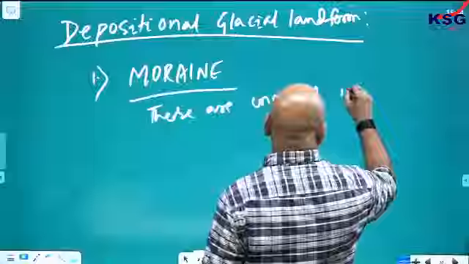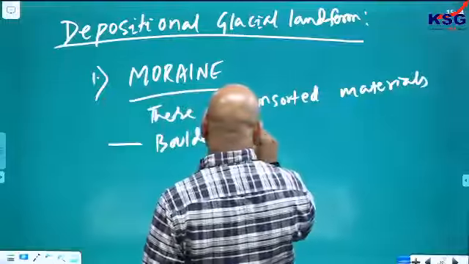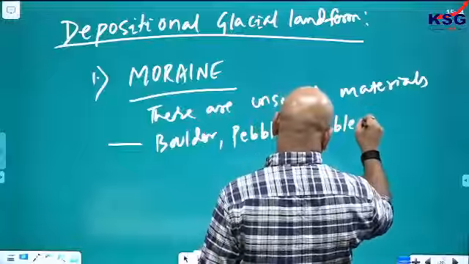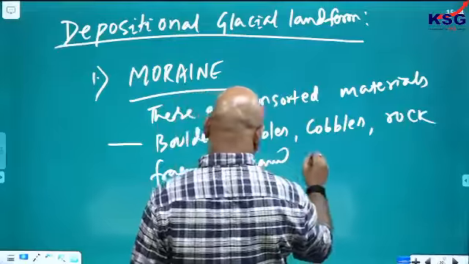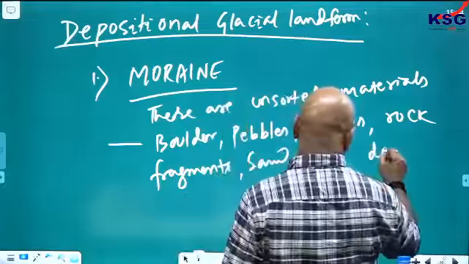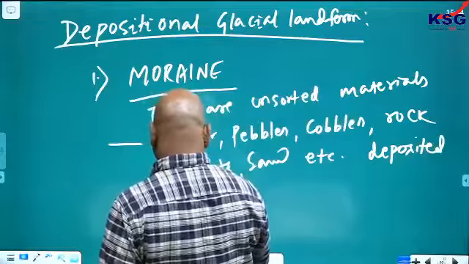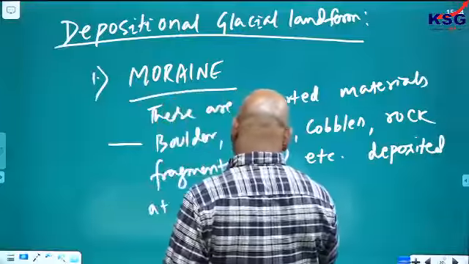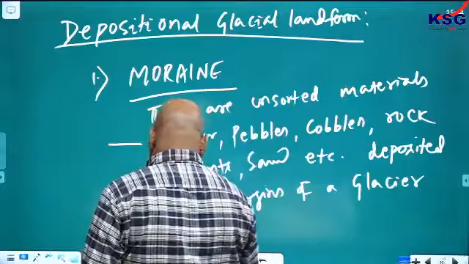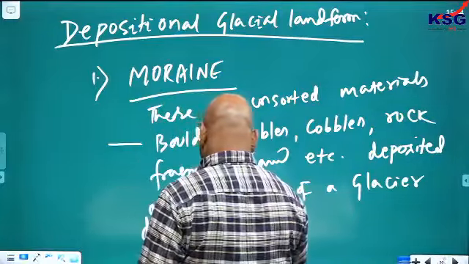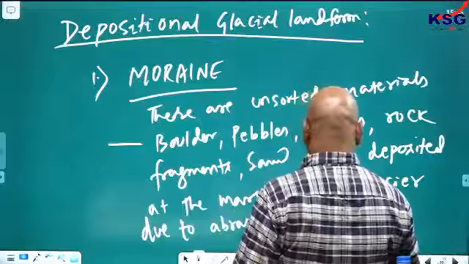Unsorted materials like boulders, pebbles, cobbles, rock fragments, sand, etc., deposited at the margins of a glacier due to abrasion and its movement.